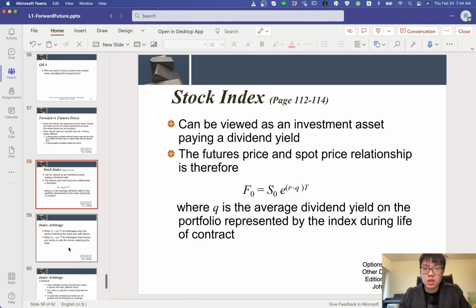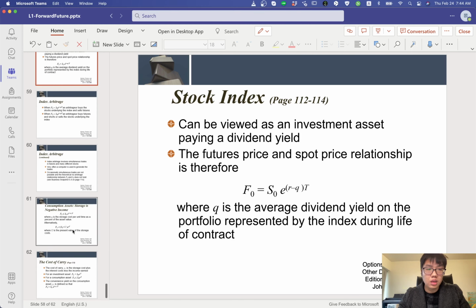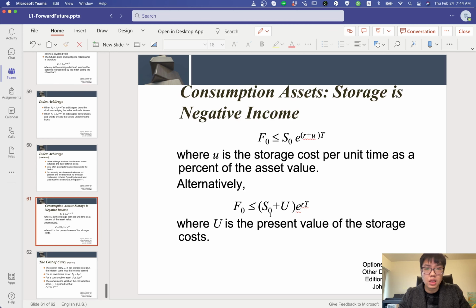A stock index is the same, we also have the dividends. And for a commodity, normally we have storage costs. You can think of the storage cost as negative income. So instead of having income, this is a cost, and we reformulate by putting u as the storage cost.